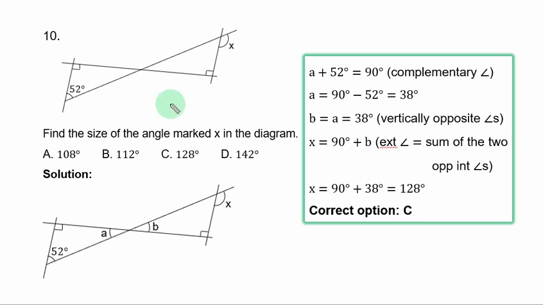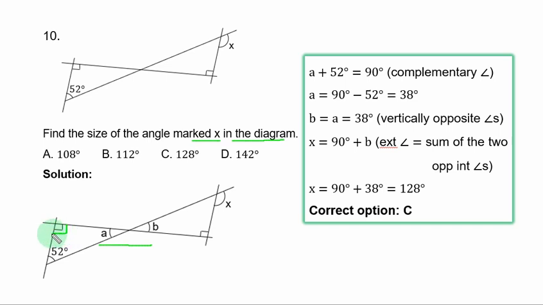Question 10. Find the size of the angle marked S in the diagram. Solution. The diagram is adjusted by marking two other angles. Now, angle A is equal to B, so you have to get angle A. This is 90 degrees.